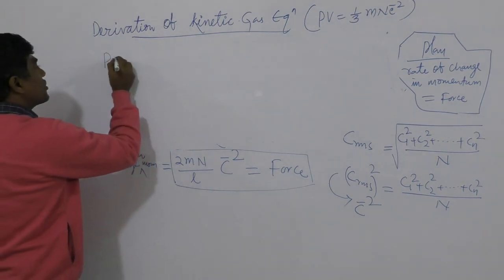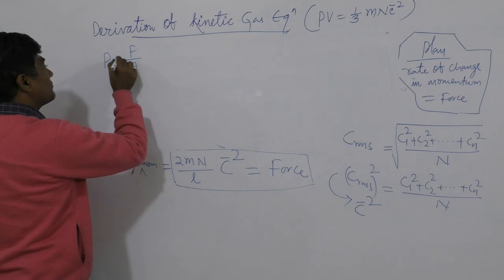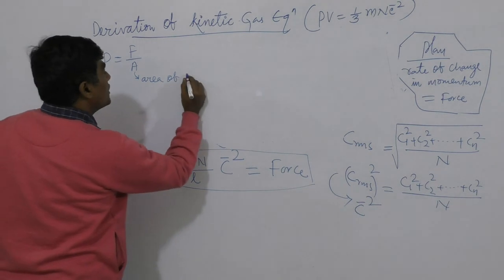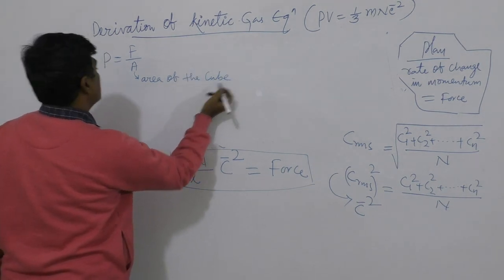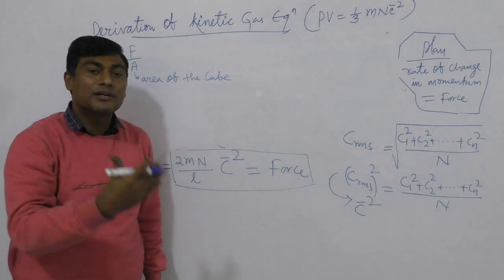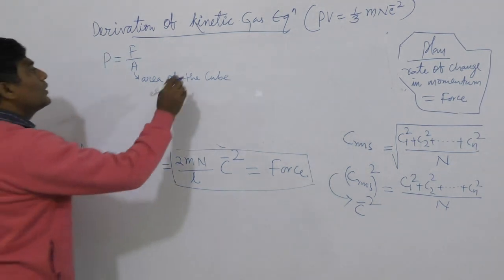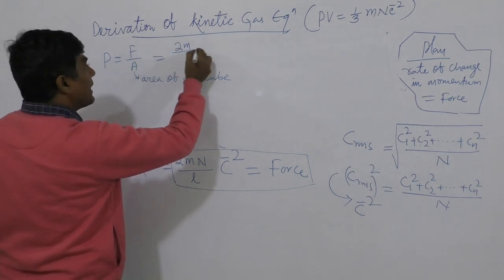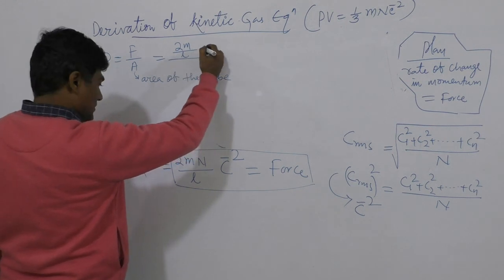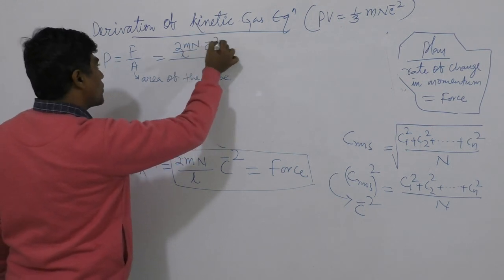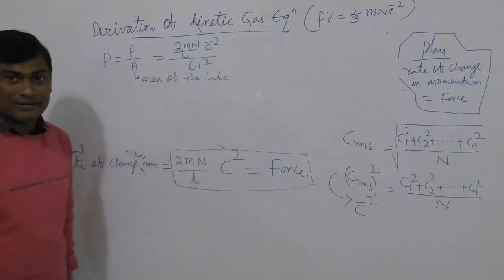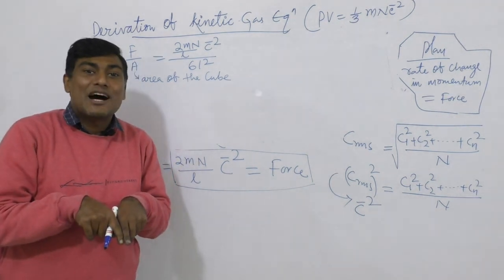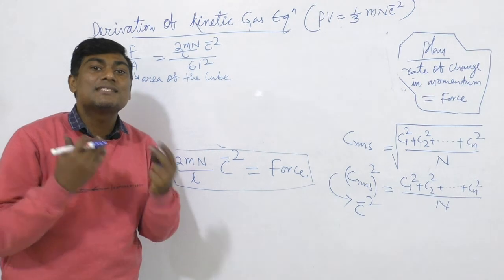Now see, pressure is equal to force by area. This area is nothing but the surface area of the cube. Force is 2mN C bar square by L, and the area is 6L square. There are 6 faces, each face has an area of L square, so 6 faces have 6L square.